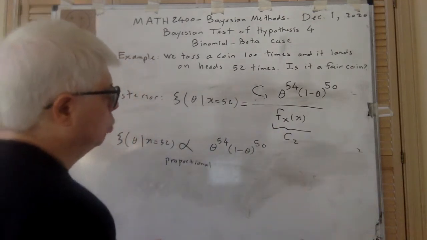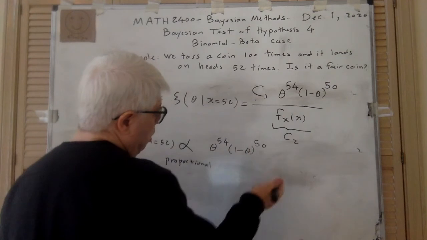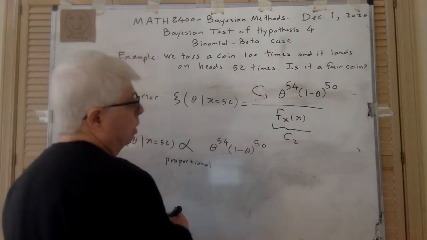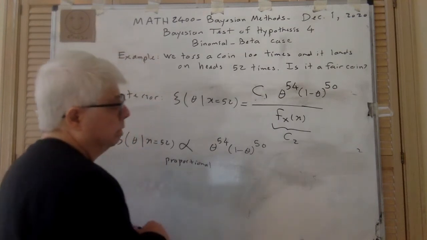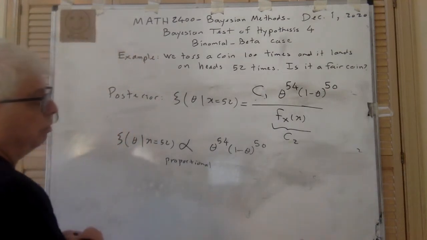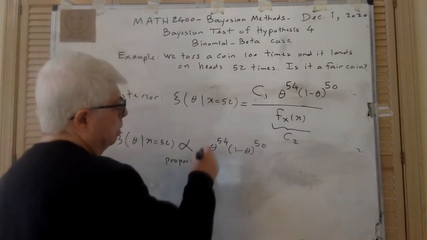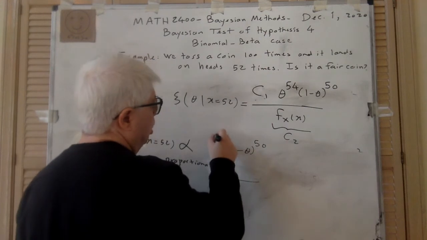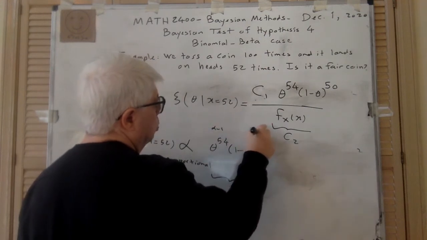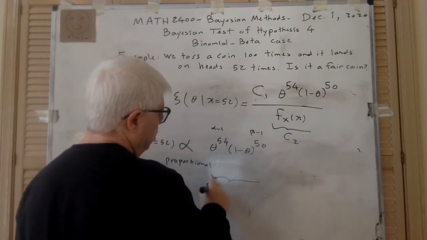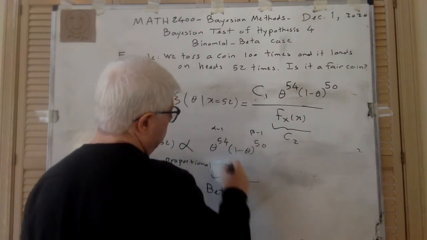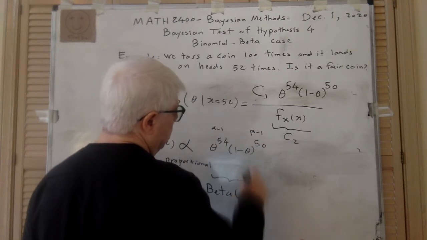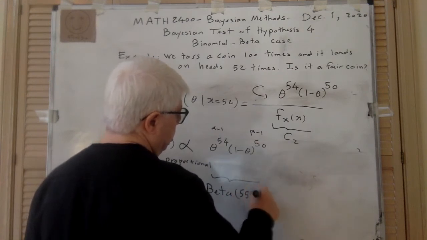But that looks like part of the PDF of a beta distribution. What beta distribution? This is alpha minus 1, and this is beta minus 1. So this should be a beta distribution with alpha equals 55 and beta equals 51.